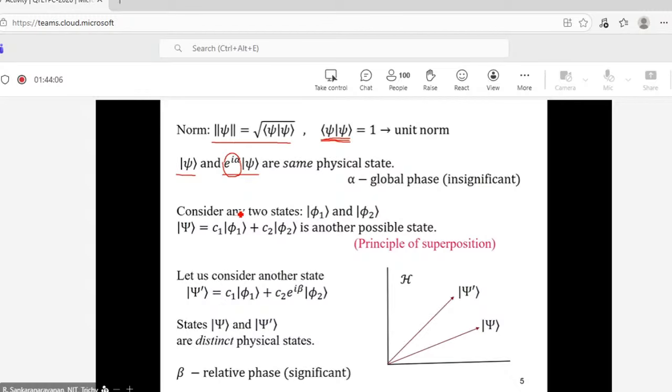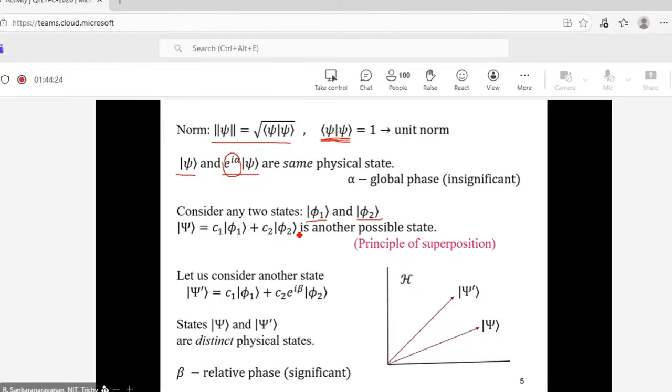On the other hand, suppose we have two states, phi 1 and phi 2. Quantum mechanics permits what is called the principle of superposition, because the vector space is a linear vector space.